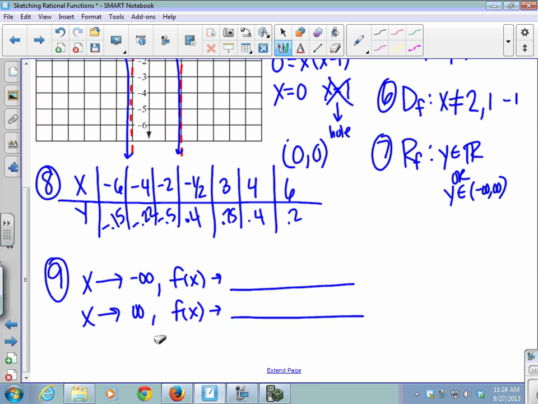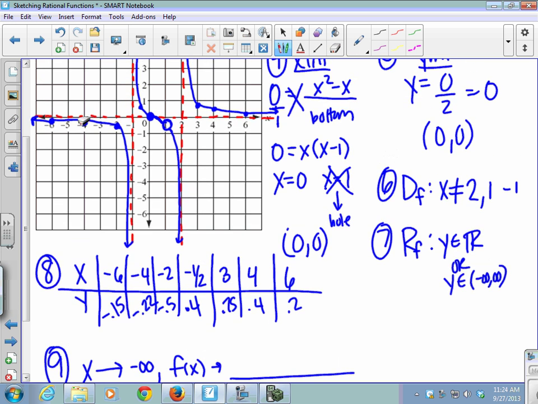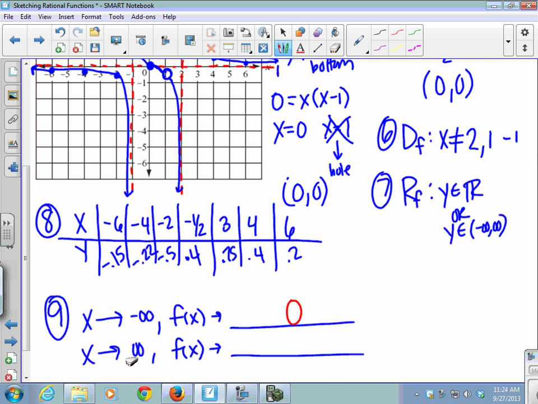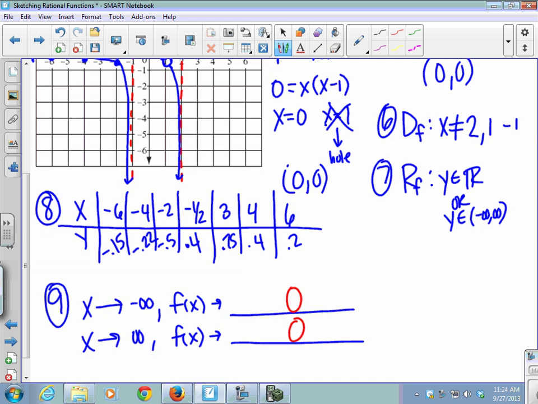This is what you're answering every time when you tell me end behavior. As we go way out to negative infinity, what's the graph approaching? That's just going to be the horizontal asymptote, so that's 0 there. X approaches positive infinity is going out this way, and our graph is getting really, really close to the asymptote, which is again at 0.